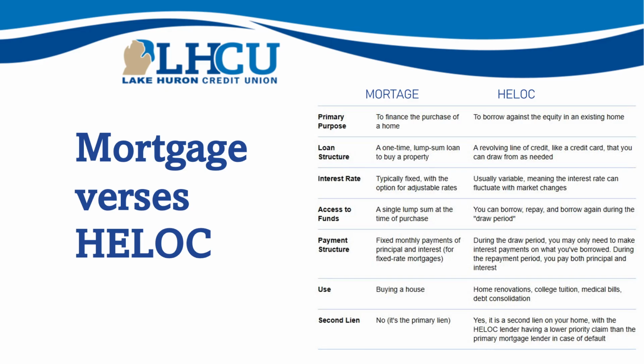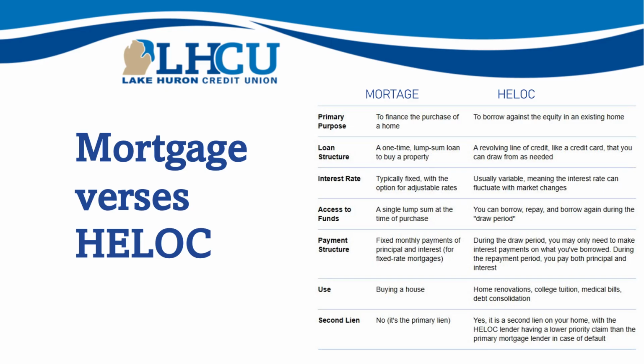I'd like to start by talking about some of the key differences between a mortgage and a HELOC. The primary purpose of a mortgage is to finance the purchase of a home or to refinance your home. The primary purpose of a HELOC is to borrow against the equity in your existing home, a home that you already own.